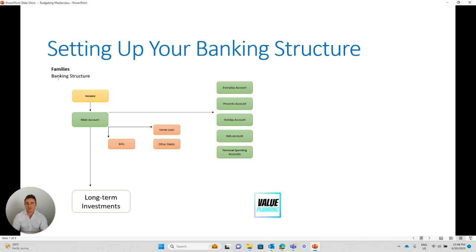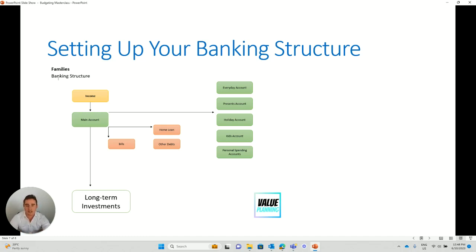And you can even have the children have their own personal spending account if they're of that age that you're giving them pocket money, those types of things, giving them an allowance to buy. So personal spending account. So your account is your own, and your partner has their own. It's up to you if you have access to seeing each other's accounts online.